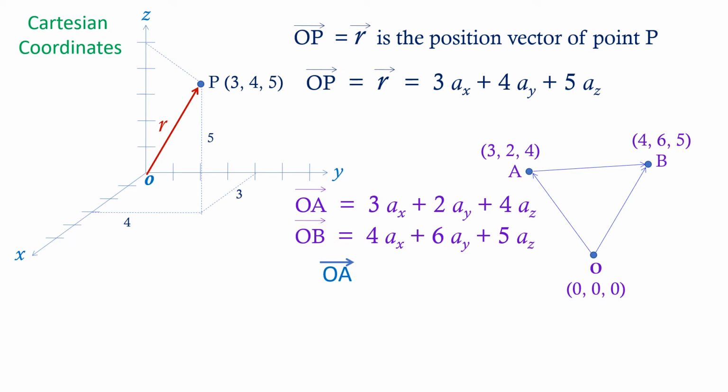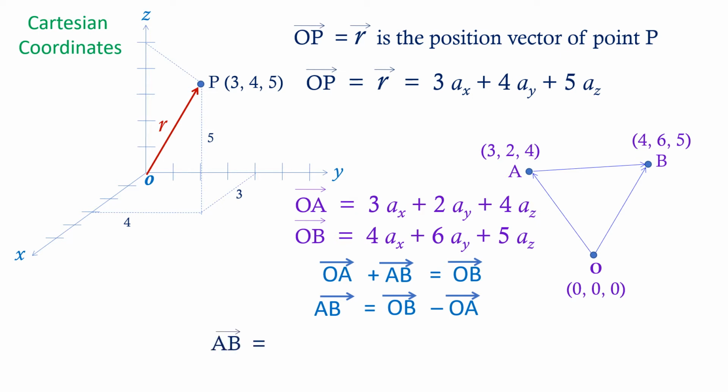We can now write OA bar plus AB bar is equal to the resultant vector OB bar. From this, AB bar, which is called the distance vector between points A and B, can be written as OB bar minus OA bar.